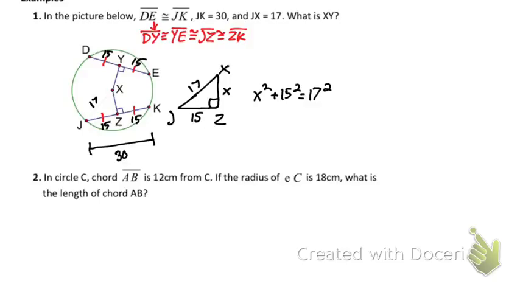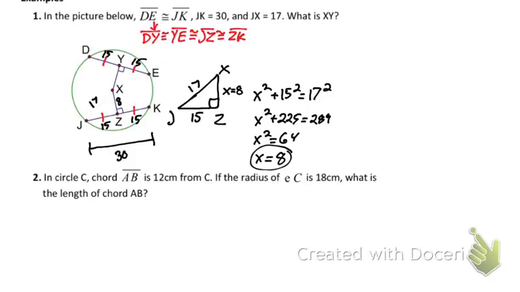All right, so you'd have x squared plus 225 equals 289, and you end up with x squared equals 64, which is the same thing as Grace said, x equals 8. So this length right here is 8, which means this is 8.